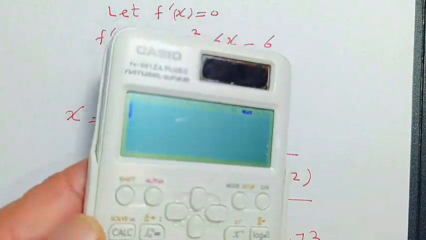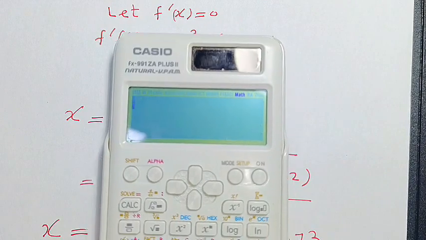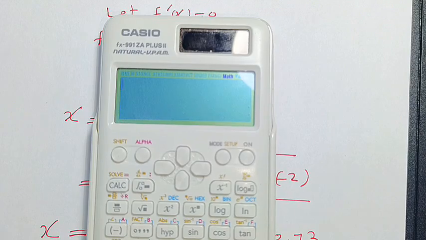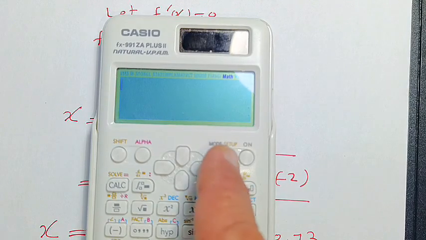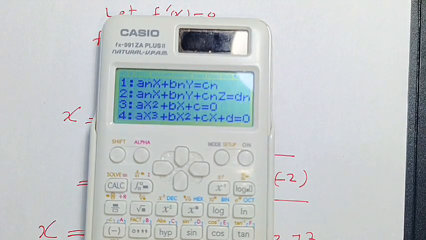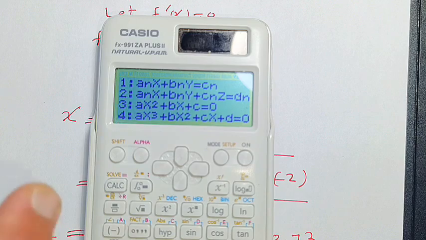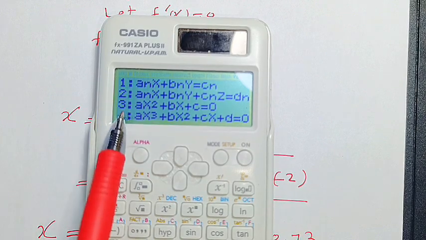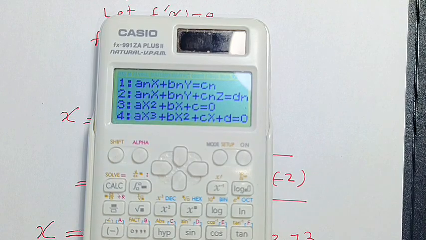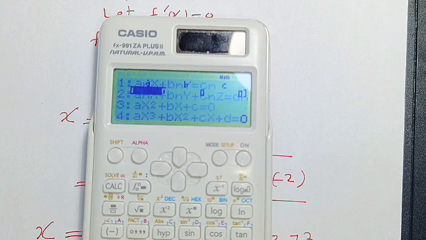So quite easy again. I'm going to show you now how to do this with the calculator. Easy. You're going to press mode again and press 5 for equation, and then this time you're going to press number 3, because ax squared plus bx plus c is equal to 0. That is a quadratic equation. So press number 3.